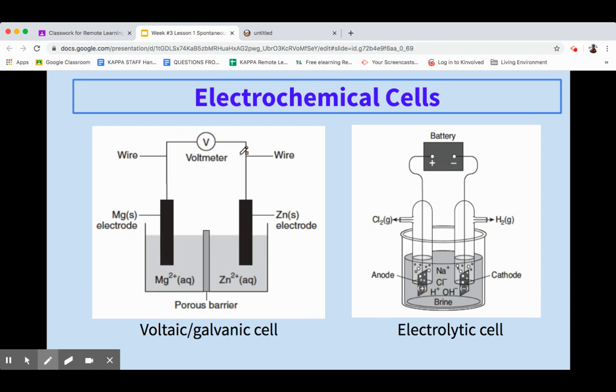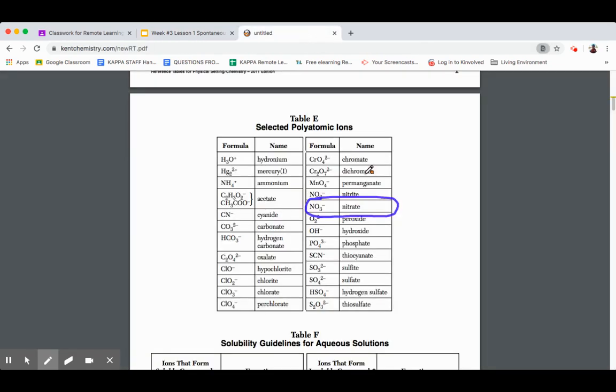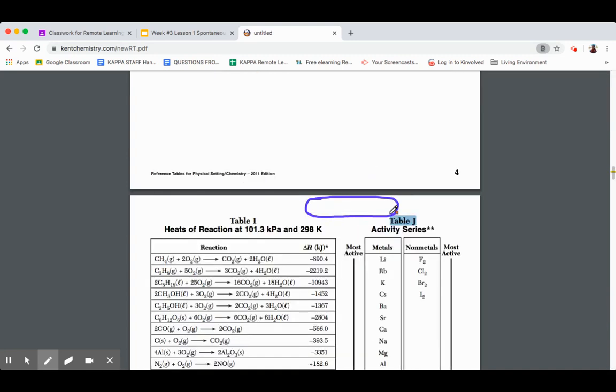Okay, the main difference that we want to note is that this cell on the right has an external electricity source, and this is called an electrolytic cell. So remember when we talked about table J, and we said that if we're trying to do a non-spontaneous reaction going this way, that would require energy.